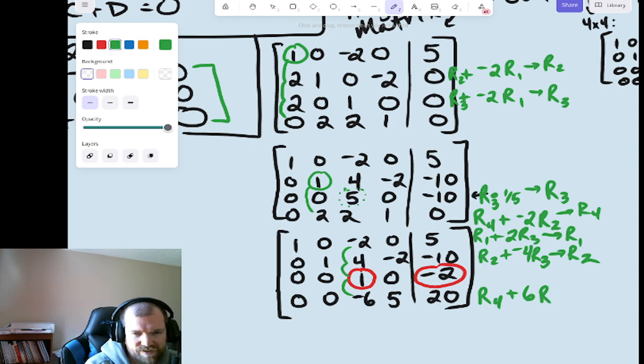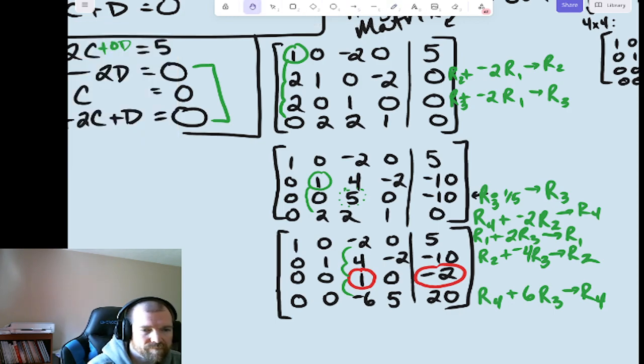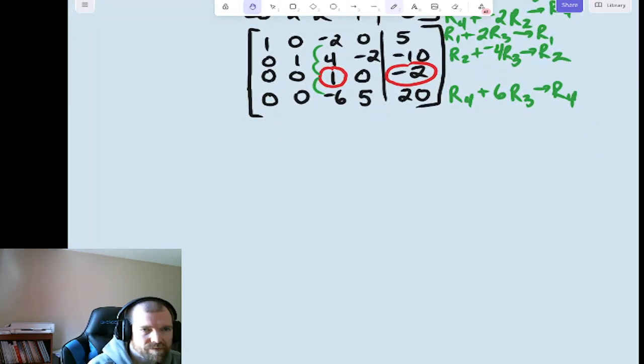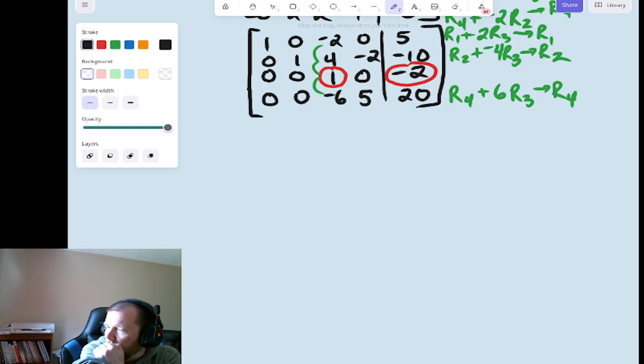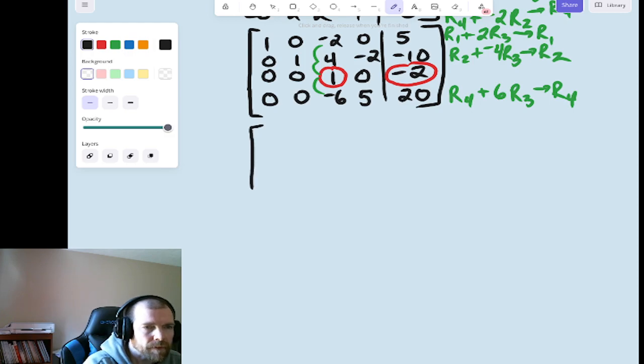Plus 6 row 3 put back into row 4. All right, 1, 0. This is the only thing that's going to change, or everything beyond this point is going to change. There's nothing in the first 2 columns that's going to do anything, so leave those as is.